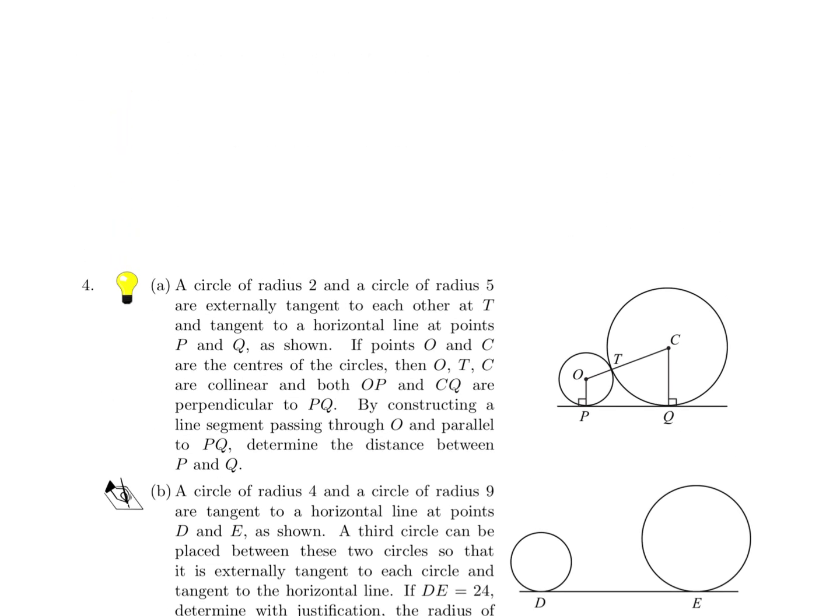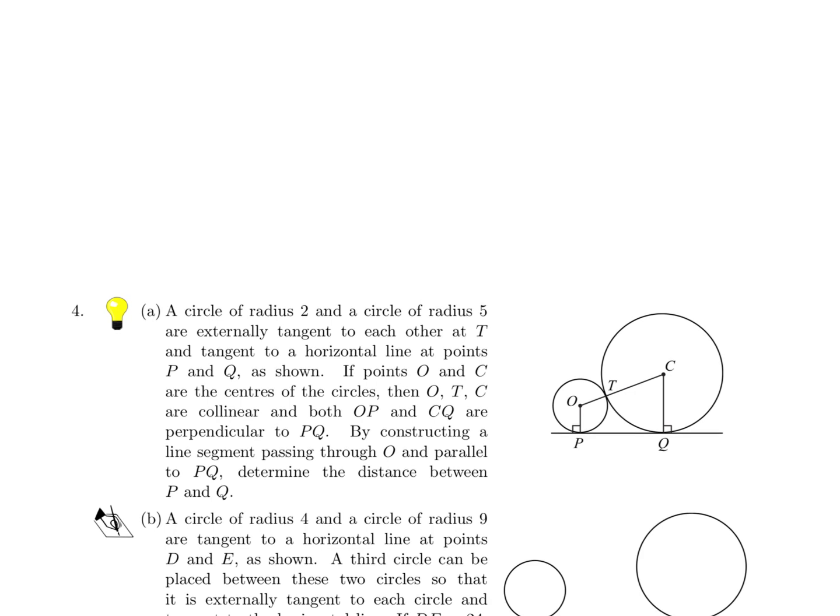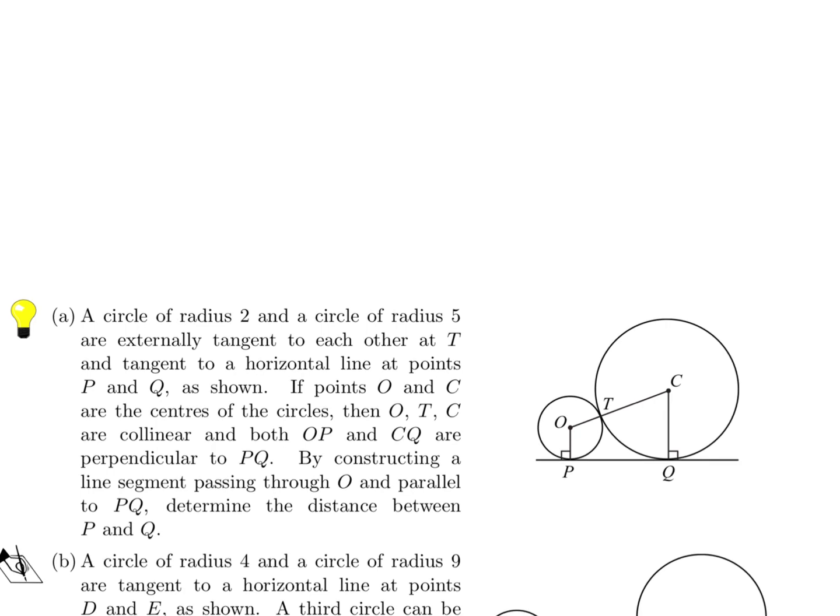All right. So they're giving you a little bit of a hint there. That's nice of them. They're basically saying, draw a line from O that's parallel to PQ. Okay, so when you do that, I'll draw it up here, a little bit bigger. We have this OC and whatever you want to call this point, M, let's say.